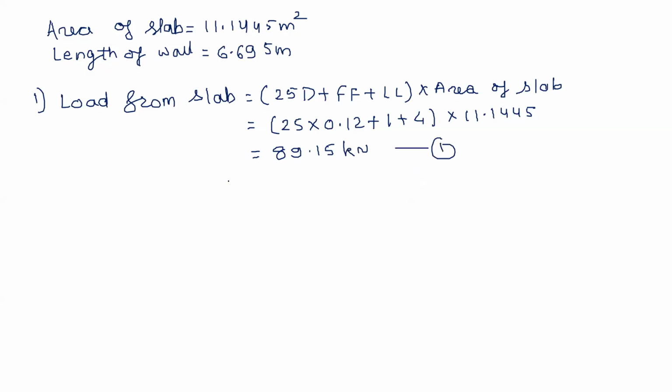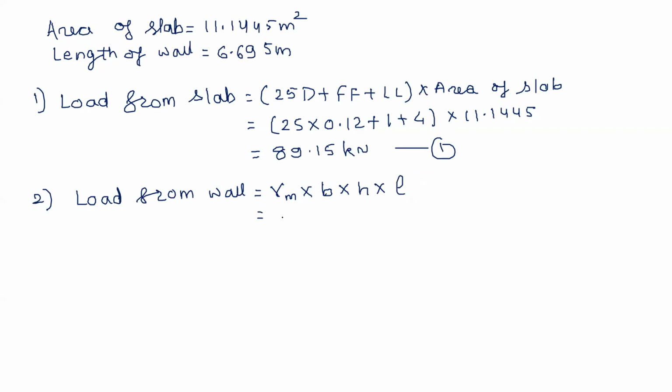Now we will go to the second, that is load from wall. So that is equal to density of masonry multiplied by width of wall, that is thickness of wall, multiplied by height of wall multiplied by length of wall.